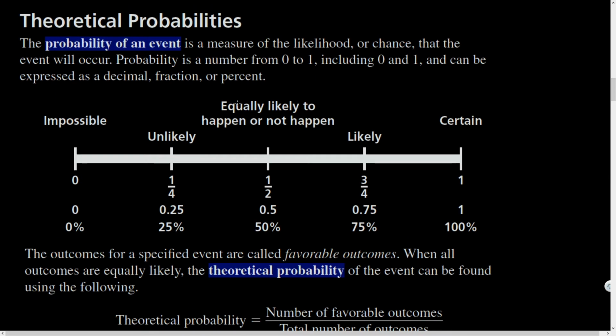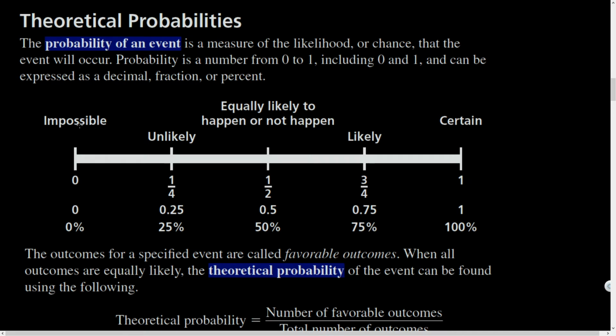For probability, there's theoretical probability, but first, the probability of an event is the likelihood or chance that the event will occur. A 0 for probability would be a certain impossibility.